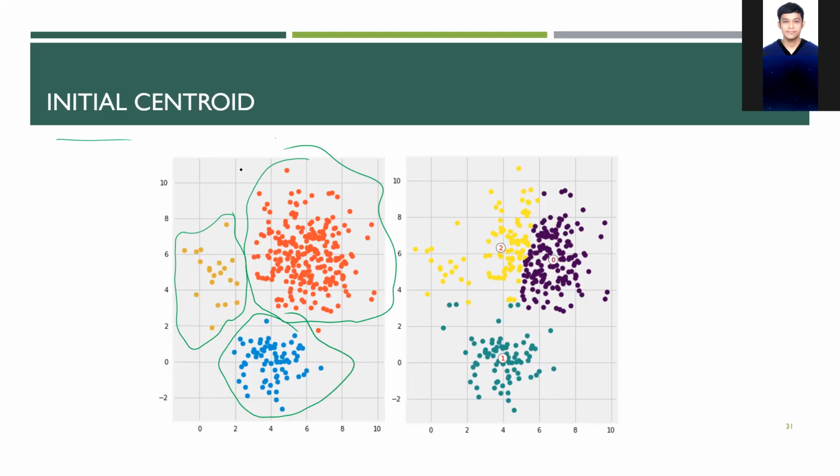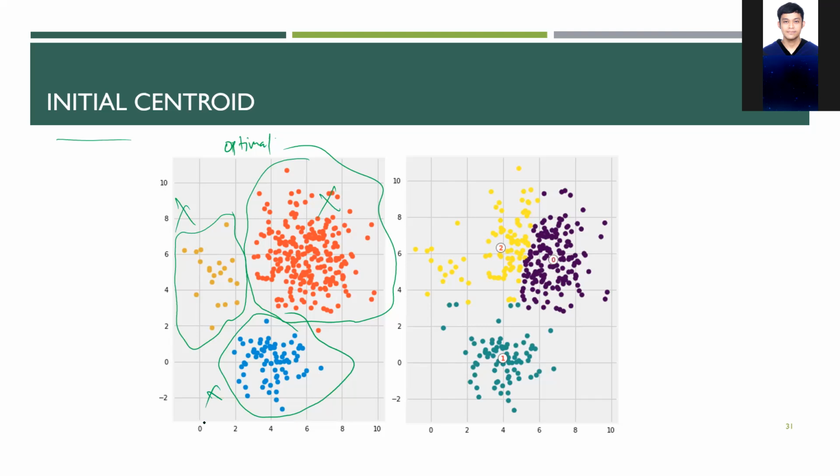Let's say this is the optimal one. For example, if we do k-means and generate random initial centroids, maybe the first initial centroids are here, here, and here.